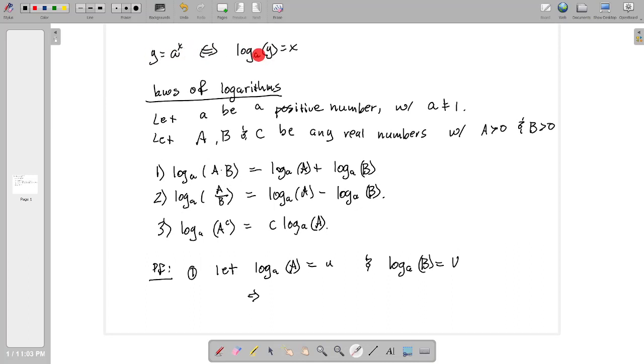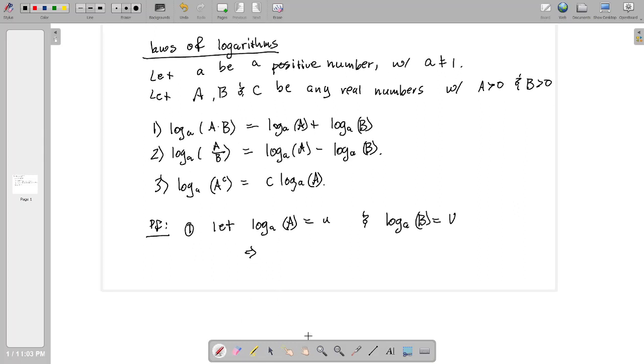So we pattern match. A, the base on the logarithm, to x is equal to the y. So here we have exactly that. So a to the u is equal to A, and a to the v is equal to B.